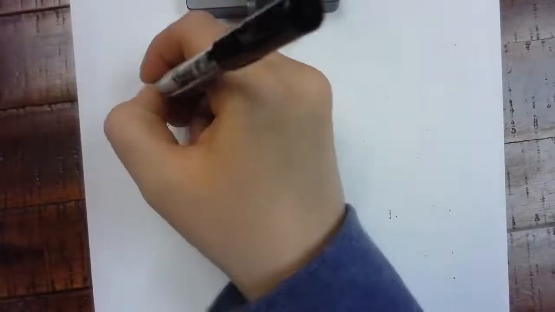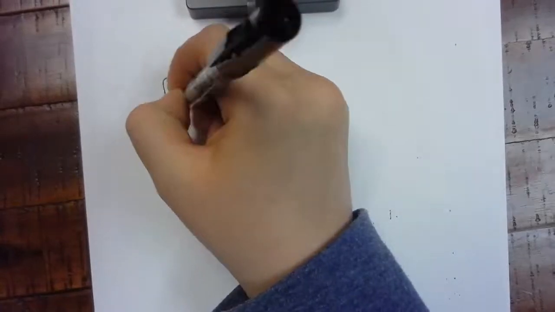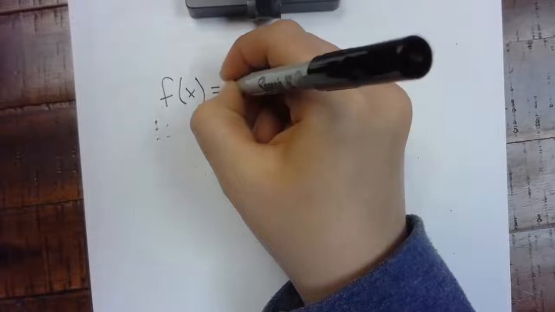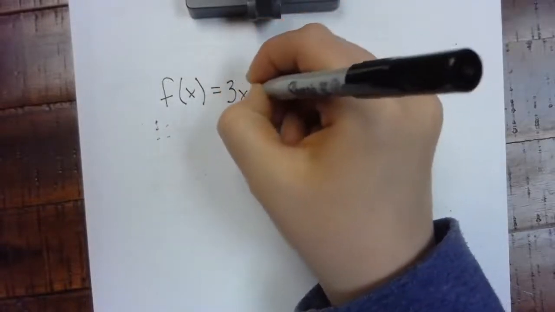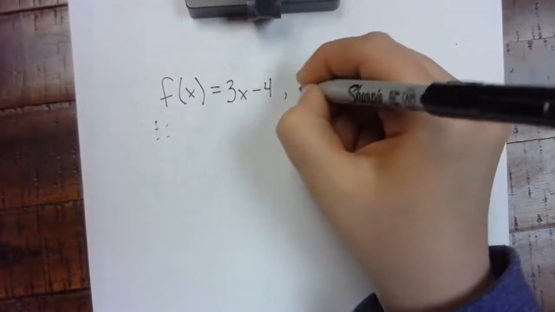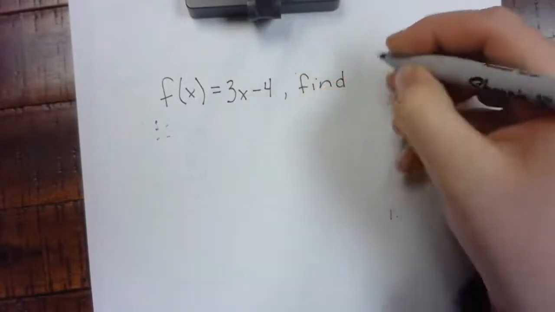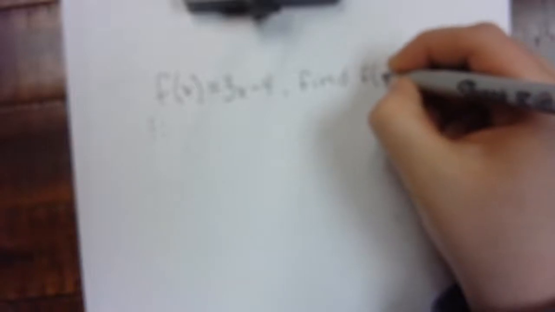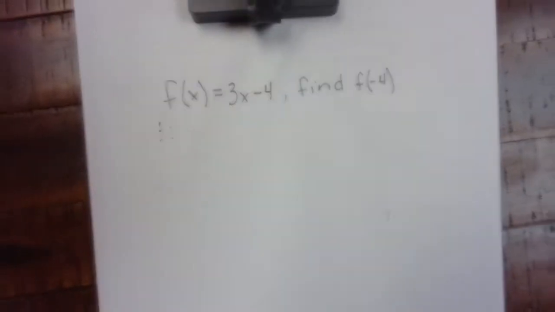So let's try it. If I have f of x equals 3x minus 4, we're going to have to find f of negative 4.